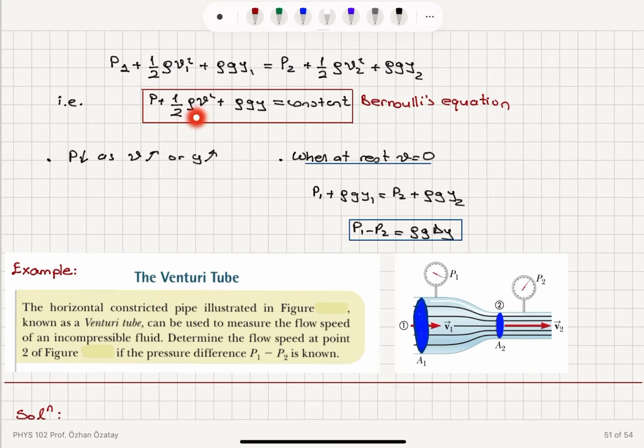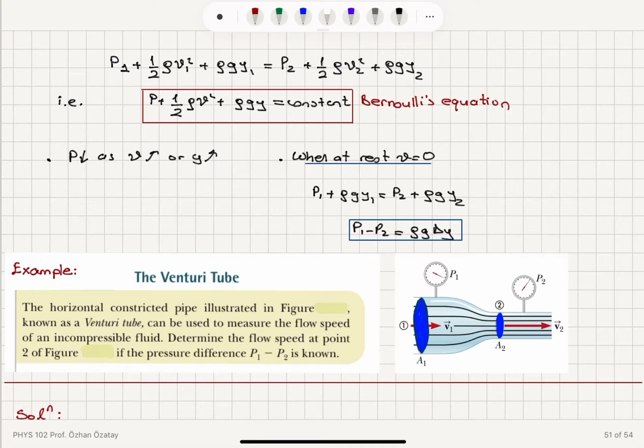So this equation tells us that as we decrease the pressure, the velocity will increase and also the y will increase. When at rest, when v is equal to 0, we have P1 plus rho g y1 equals P2 plus rho g y2, or P1 minus P2 is equal to rho g delta y. Okay, so that's basically the Bernoulli equation.